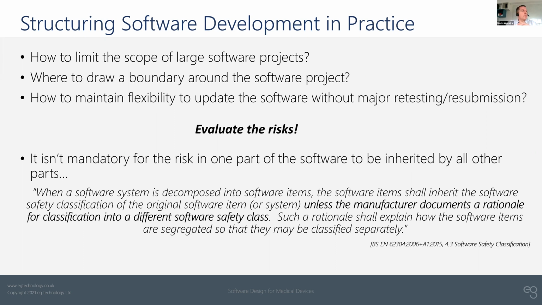In my experience, making submissions in both Europe and the US, it's really down to the manufacturer to provide the justification for that design segregation and for your architecture. If you do that in a well thought out, logical way, then I think you'll find nine times out of ten that the regulatory authorities will be happy to accept your approach.